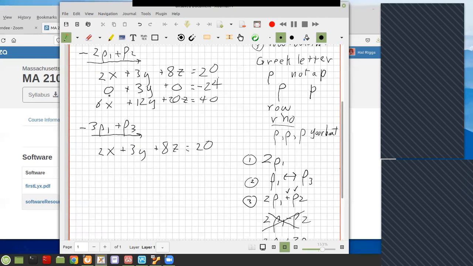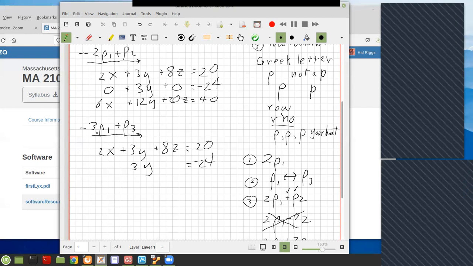If we want to, we can leave off the zeros, but we have to keep the spacing. We have to keep this lined up, so the variables have to stay lined up.